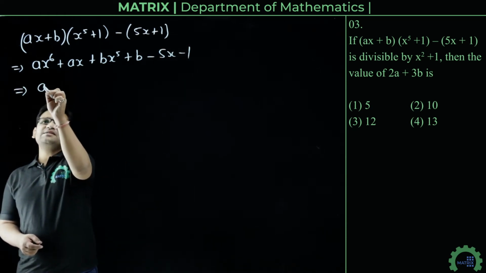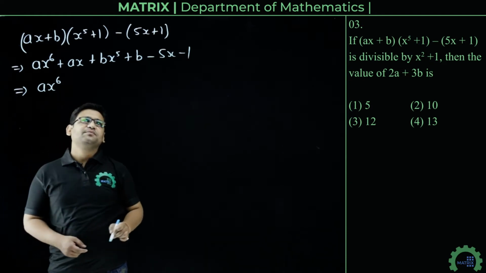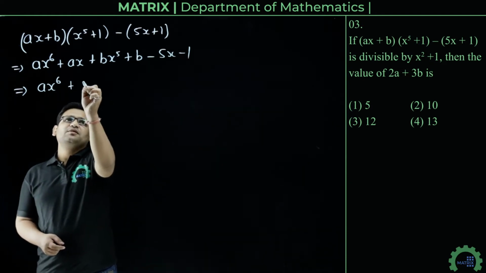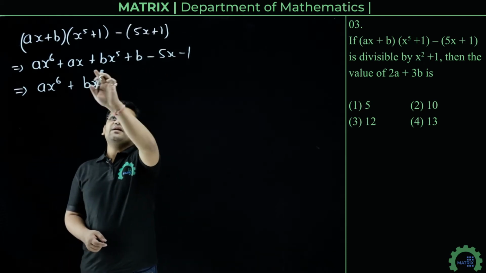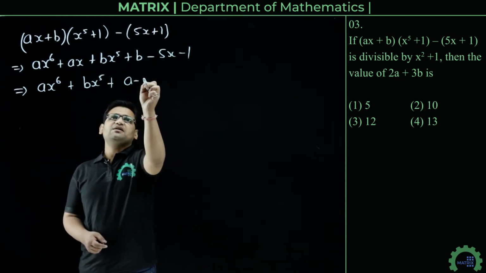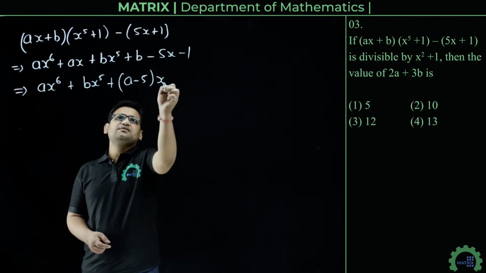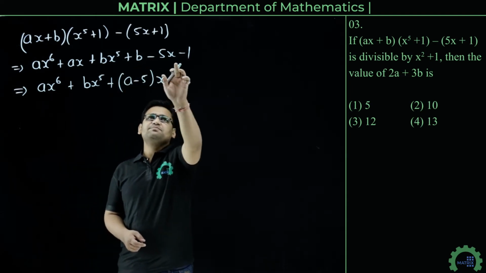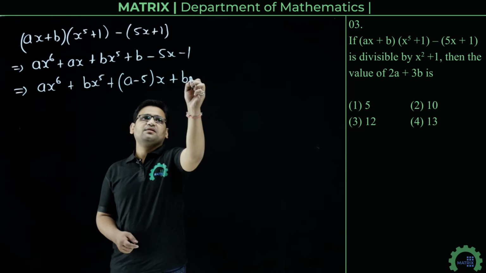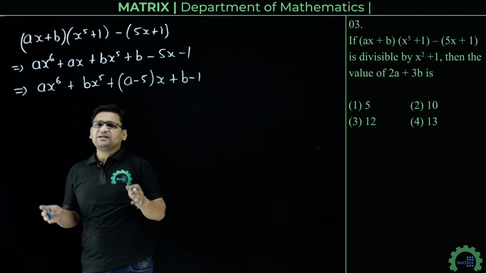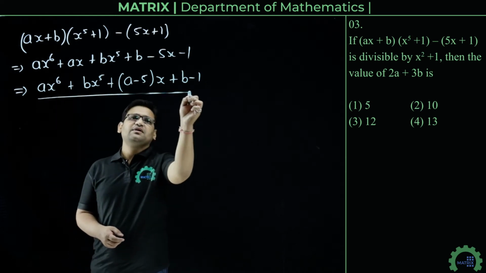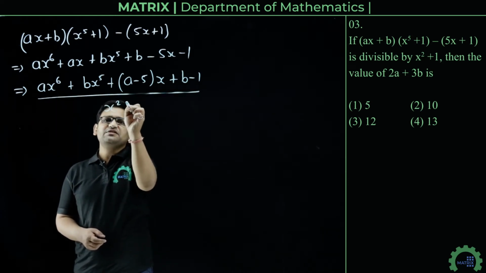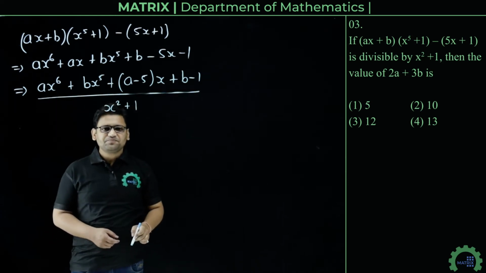This can be again written as ax^6 + bx^5, then plus (a - 5) into x plus b - 1. This is the given expression and this expression is completely divisible by x^2 + 1.